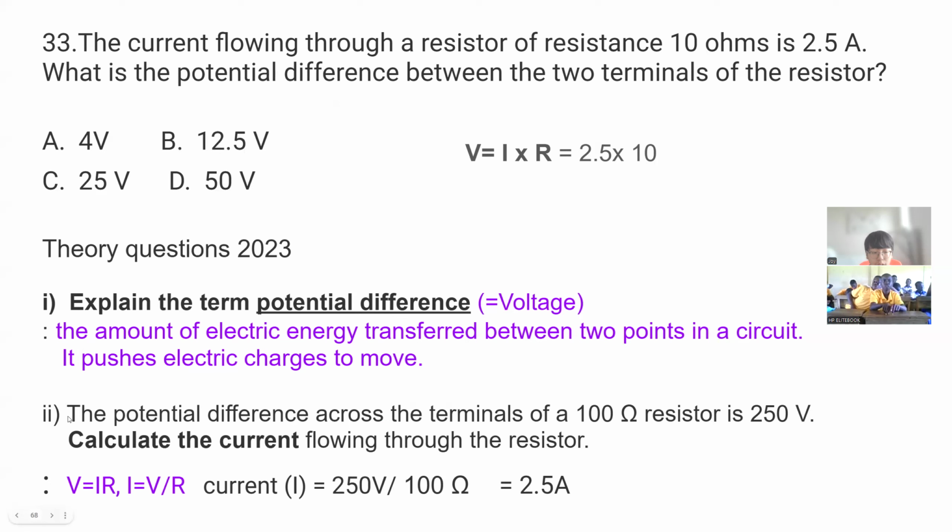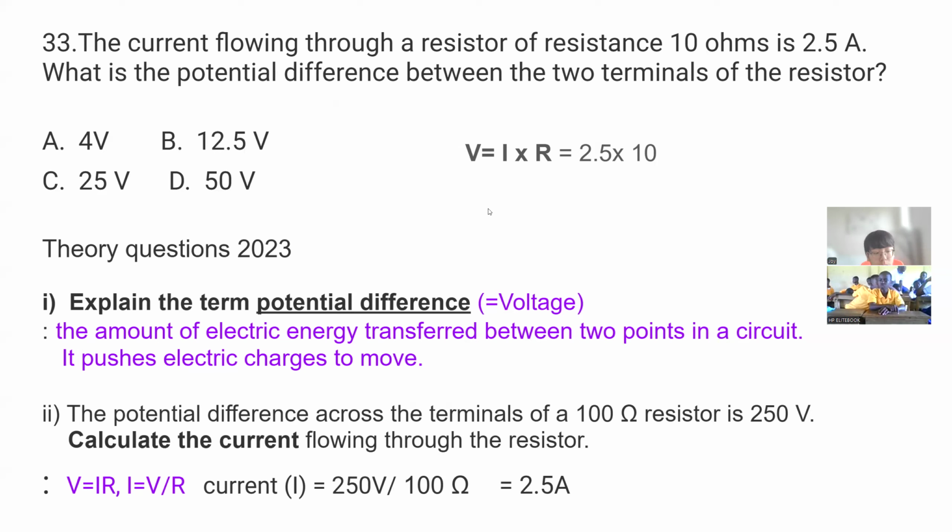The second part asks: the potential difference across the terminals of a 100 ohm resistor is 250 volts. Calculate the current flowing through the resistor. If we rearrange the equation V equals I times R, we can find the current, which is I, by dividing R on both sides.